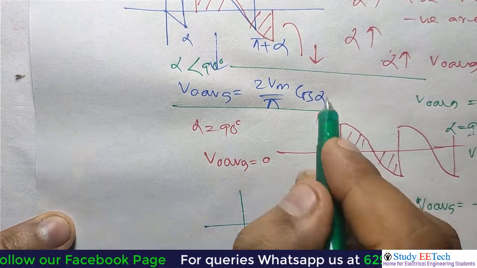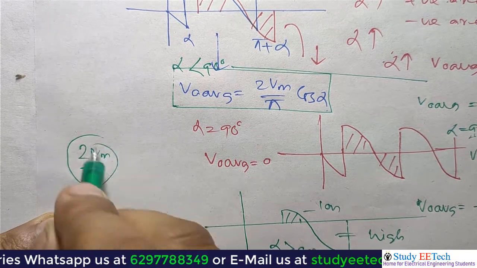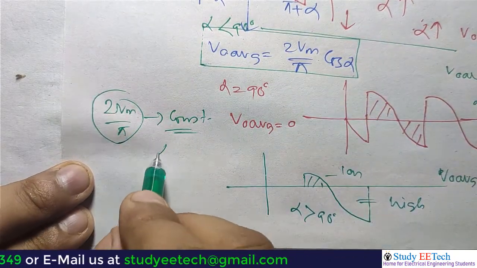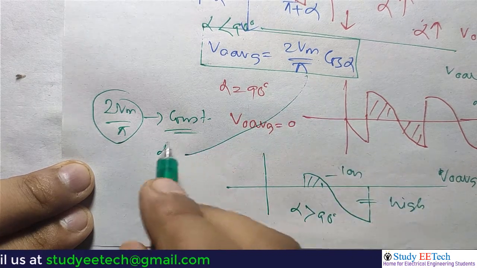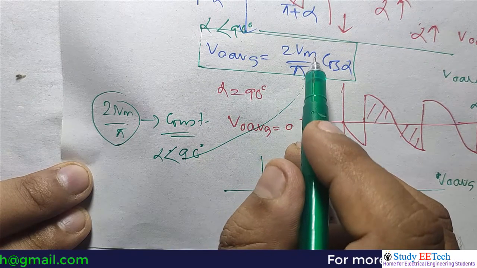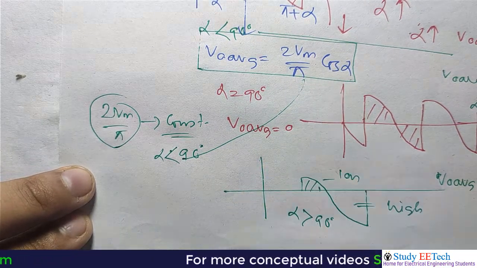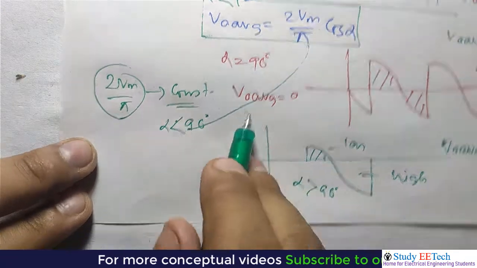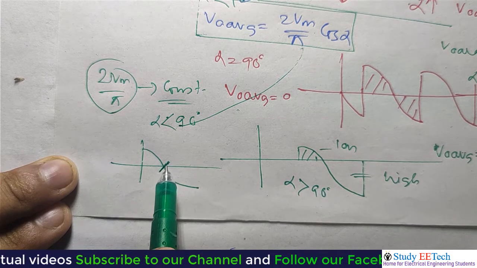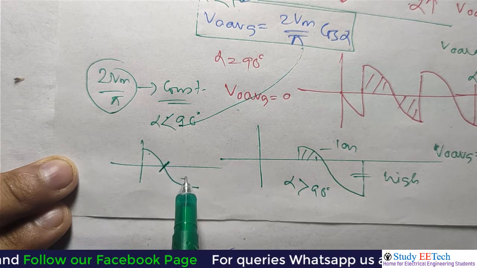Now look at this expression also. 2 Vm by pi is a constant term, okay, and the alpha, now in this expression put alpha less than 90 degree, so 2 Vm by pi both are constant, alpha lesser than 90 degree equal to greater than 0. So the alpha function is something like that. Okay, so 0 at 90 degree, lesser than 90 degree positive, and greater than 90 degree negative.